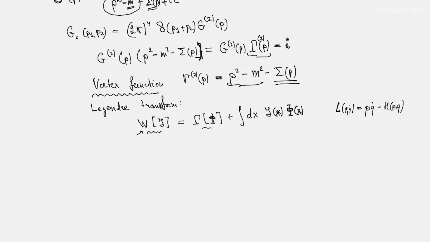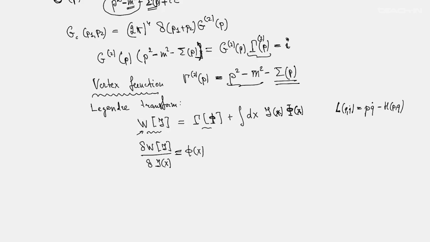From where you see that if you take a variation of W over J of x, treating phi and J as independent variables, you will get phi. So it defines you phi as a functional of J, or you can use it to compute J as a functional of phi from this formula.